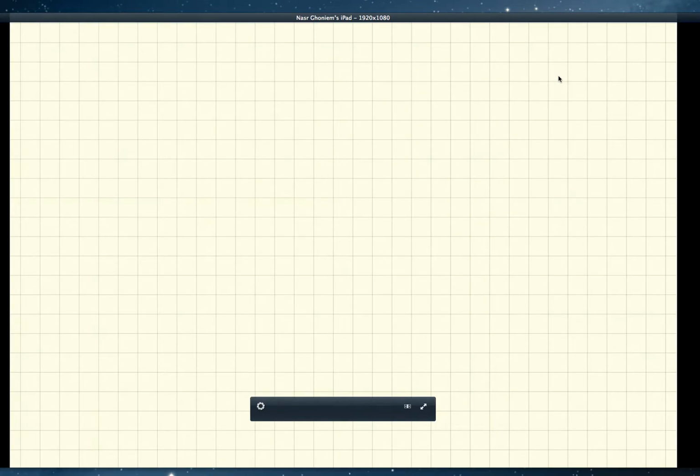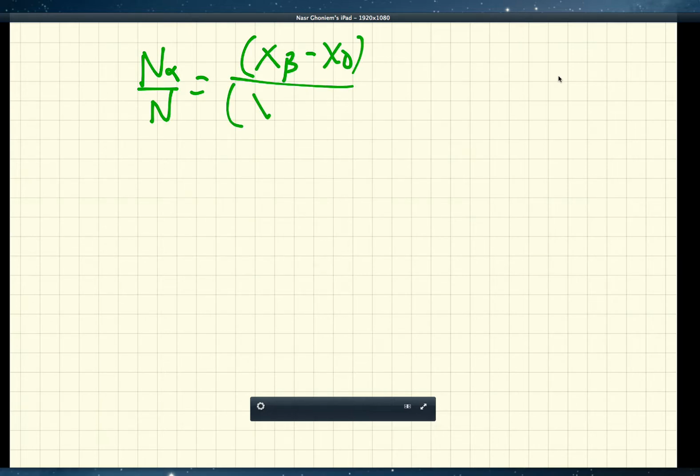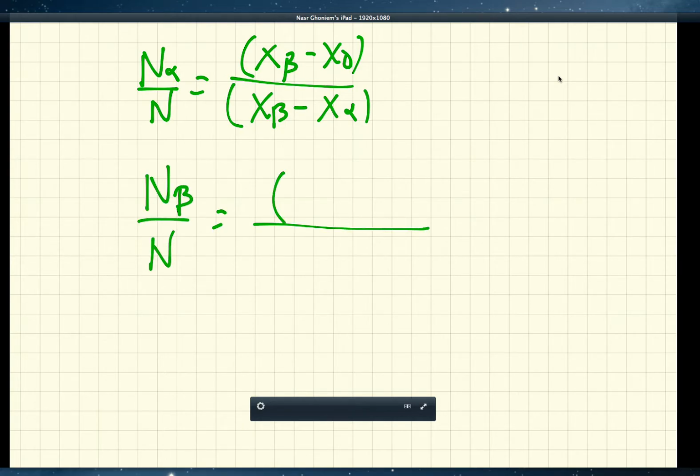So equations for the fractions: N alpha over N is equal to x beta minus x0 divided by x beta minus x alpha. And then also N beta over N is equal to x alpha minus x0 divided by x beta minus x alpha.